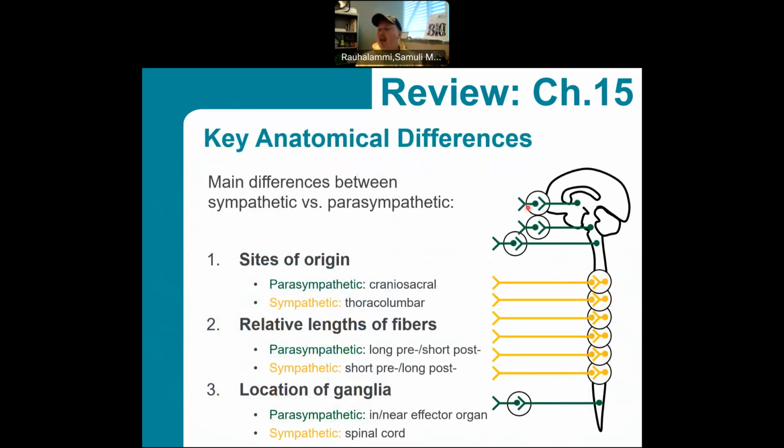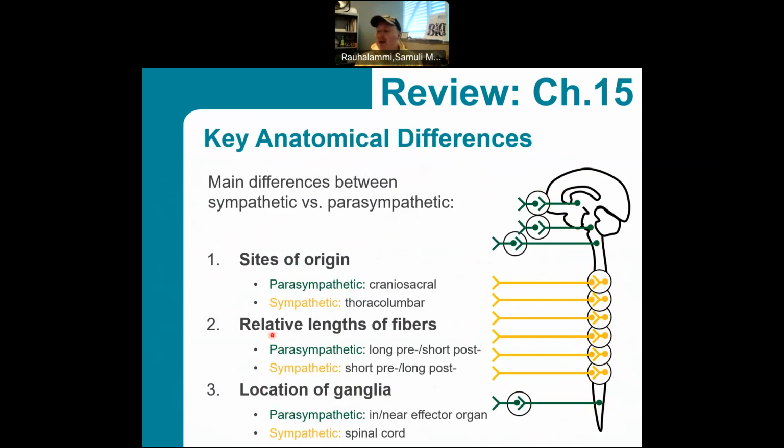So we see that a lot of the nerves of the parasympathetic nervous system are either from your cranium, very close to the brain, or at the very end of the spinal cord from your sacral region. Whereas the sympathetic nervous system branch nerves are typically from the thoracic region.